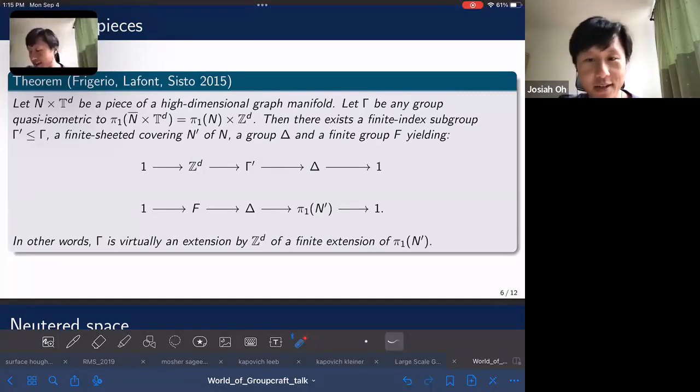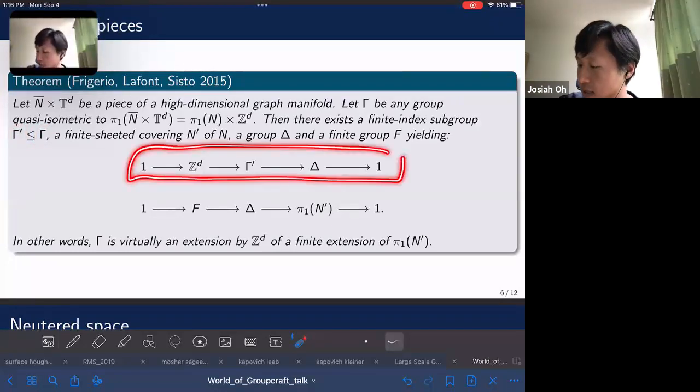So it's a lot of words and a lot of symbols. If you have the time, you could certainly parse it and make sense of it. Let me try to just do that for you very quickly. The conclusion is saying that gamma is virtually something. Gamma prime is a finite index subgroup of gamma. Let's look at this first short exact sequence.